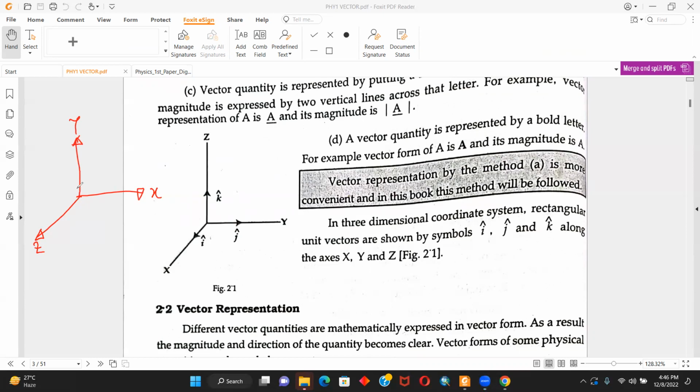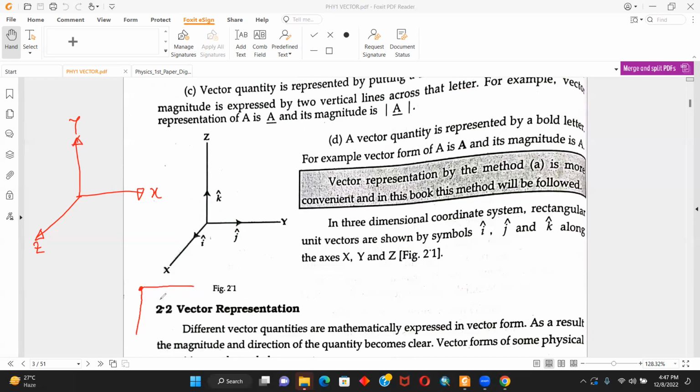Can you see a corner of a wall in your room? Yes, hopefully. Say this is the corner point of the wall. Some wall has gone in this direction and some wall has gone in this direction.